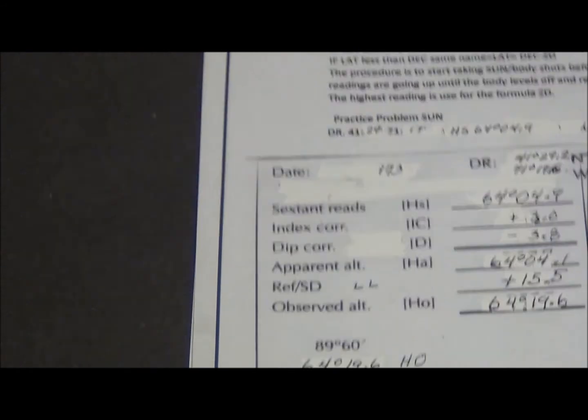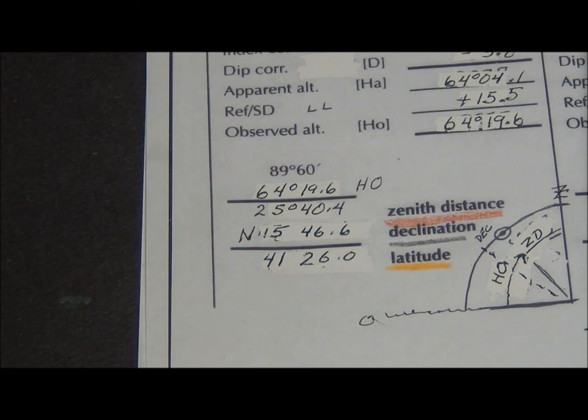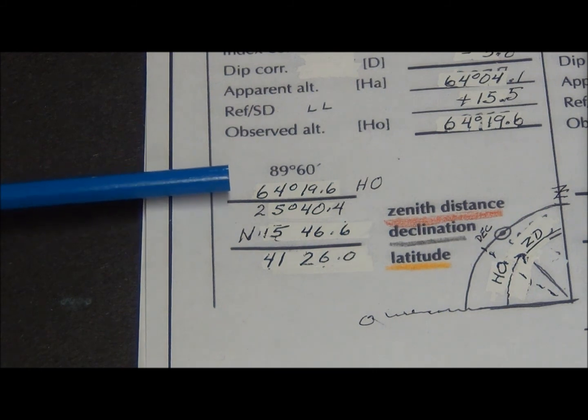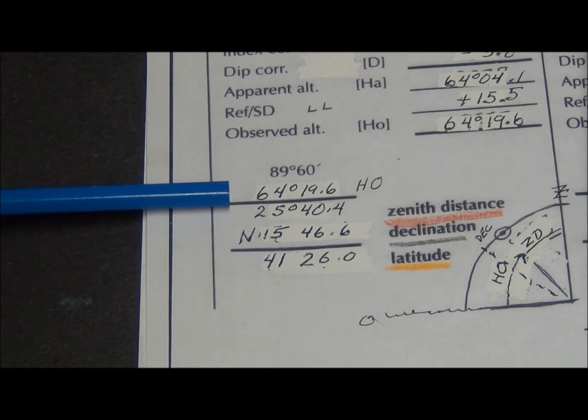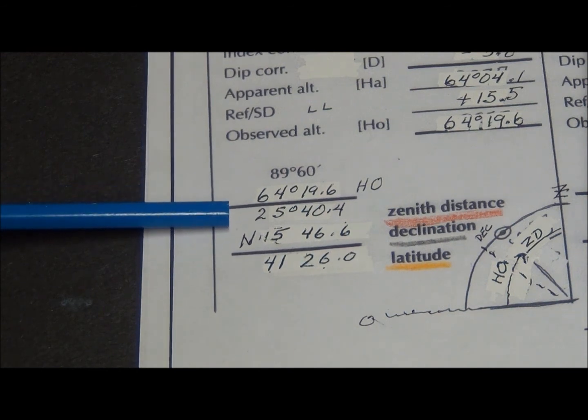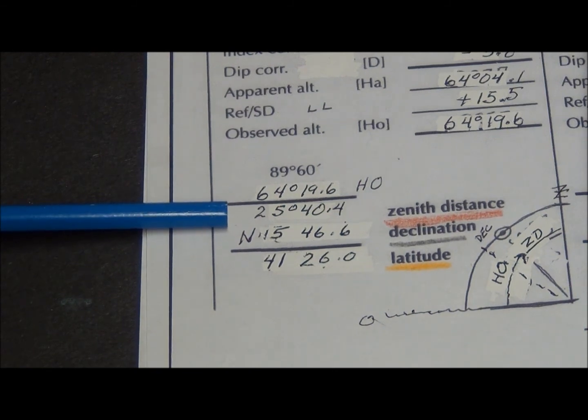Now, remember the idea of 90 degrees from overhead to the horizon? We then subtract that. In this case, we get 64 19.6, which gives us a zenith distance of 25 40.4.